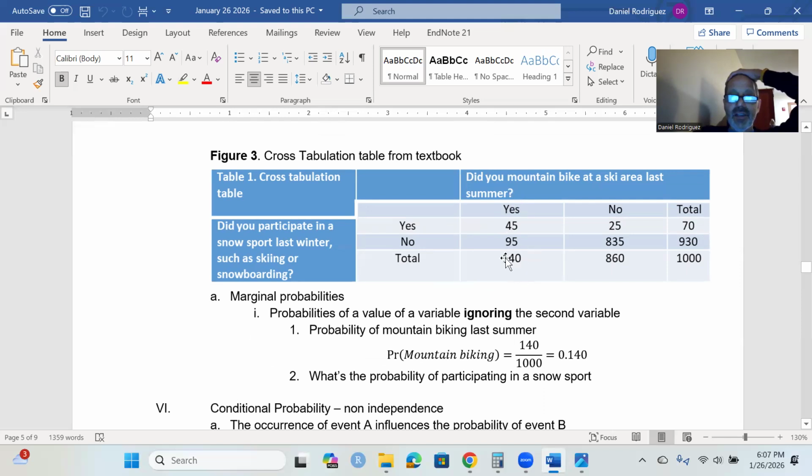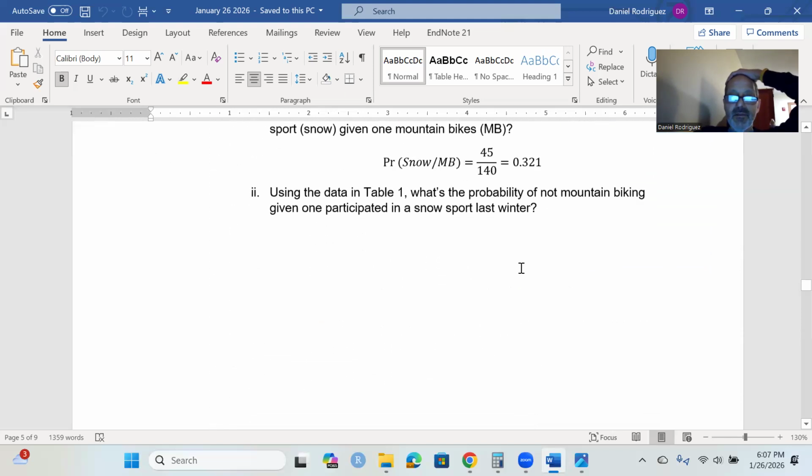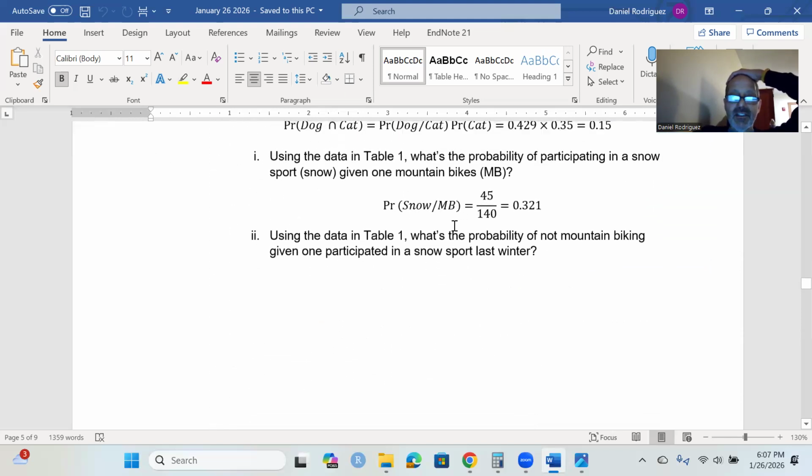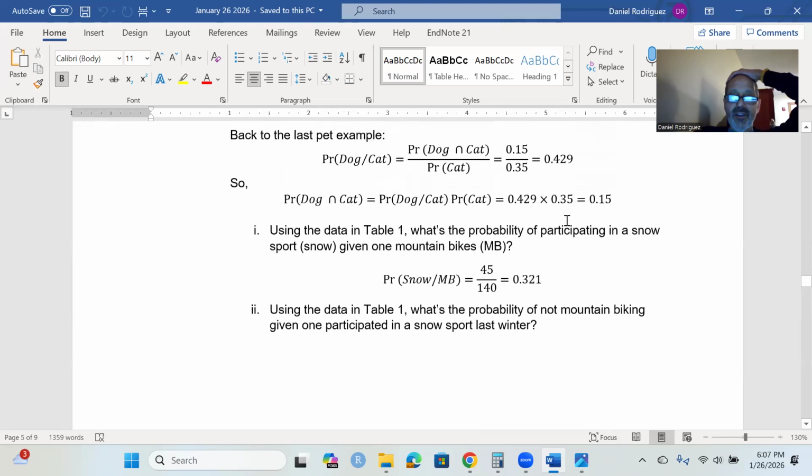There were 140 people. Of those 140, 45 participated in a snow sport. So I have 45 divided by 140, or 0.321.